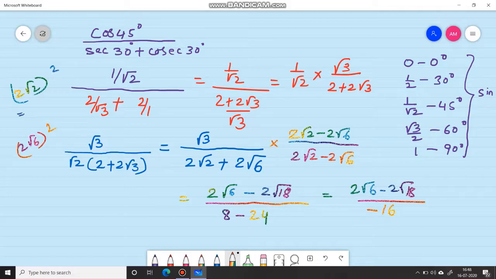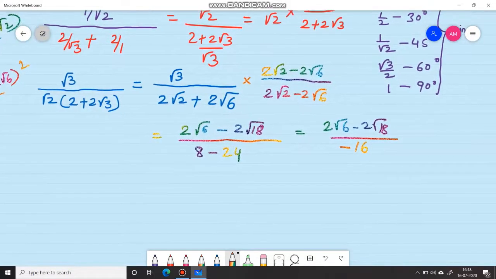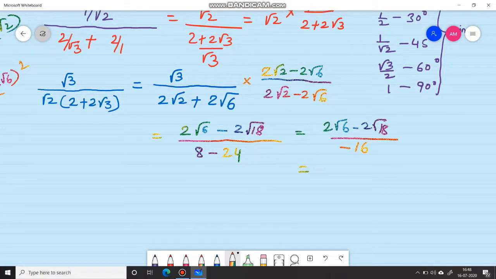Okay. So see, here what you can do is you can take out the common. Let us see how we can take out the common. How will you take out the common part here? First of all let us take out minus also from here. So if you take out minus 2 common here, you will be left with root 18 minus root 6.